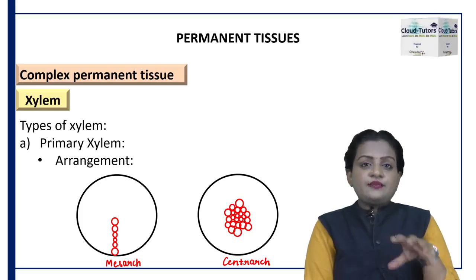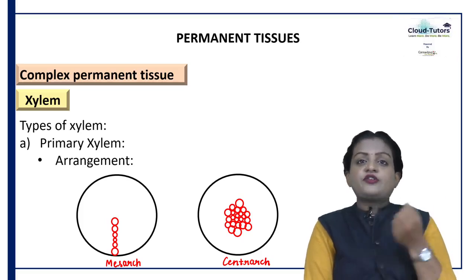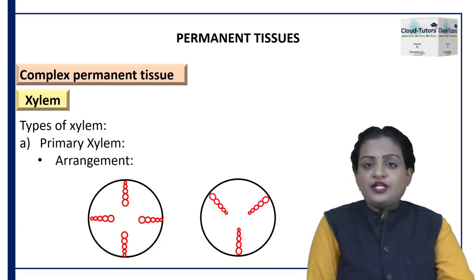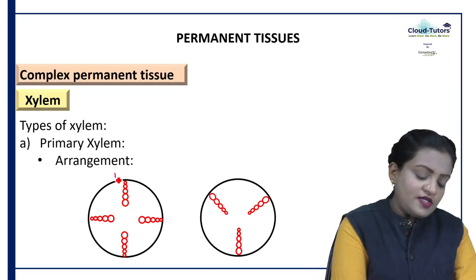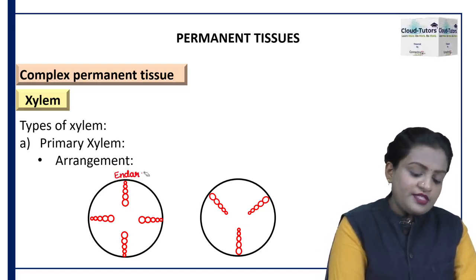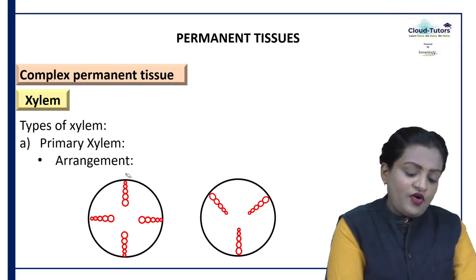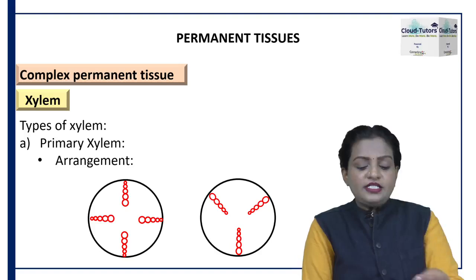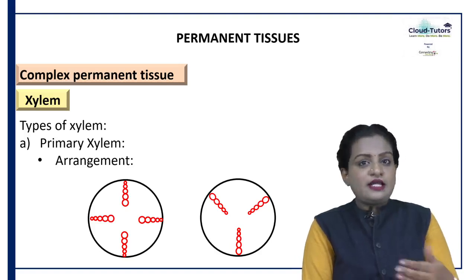So if you see the typical stem section or root section, the exarch and endarch can be arranged like this. So this is an example for endarch. This is the example for endarch and exarch having 4 vascular bundles or 3 vascular bundles and so on.